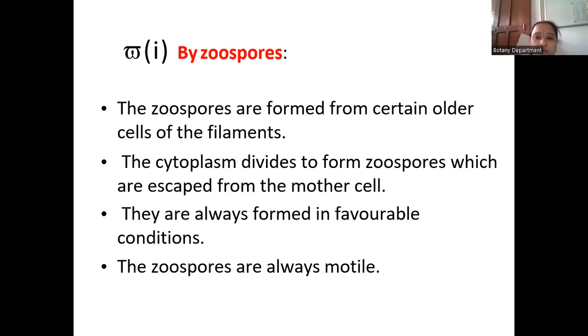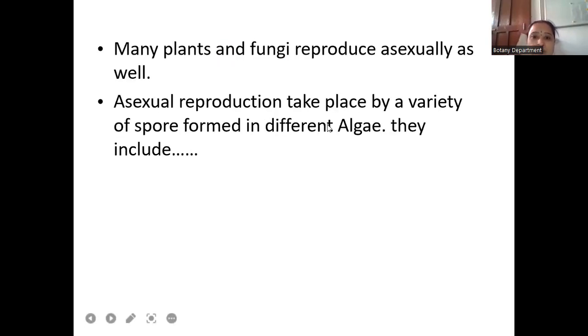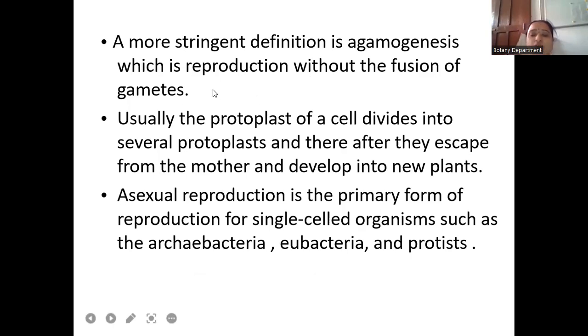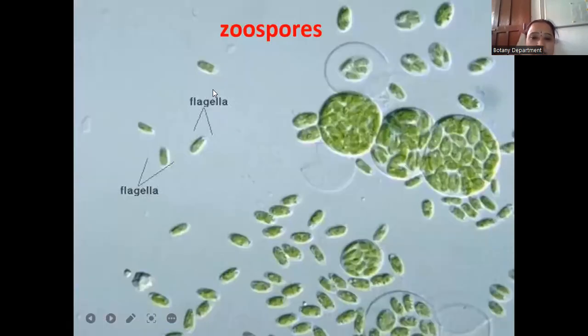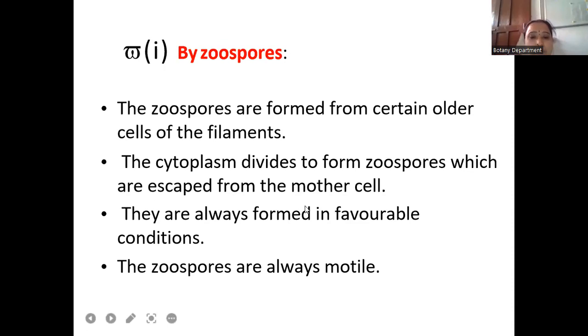Why? I'll explain: it is without fusion of gametes. That's why these zoospores escape the mother cell. They are always formed in favorable conditions, when water is there in the lake or ponds in the rainy season. At that time, the algae undergo asexual reproduction by zoospores. This is always a motile form.